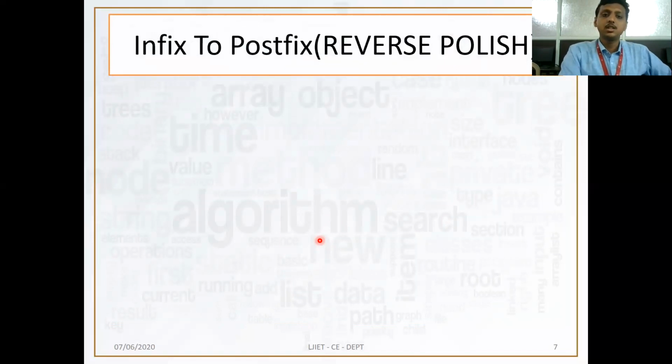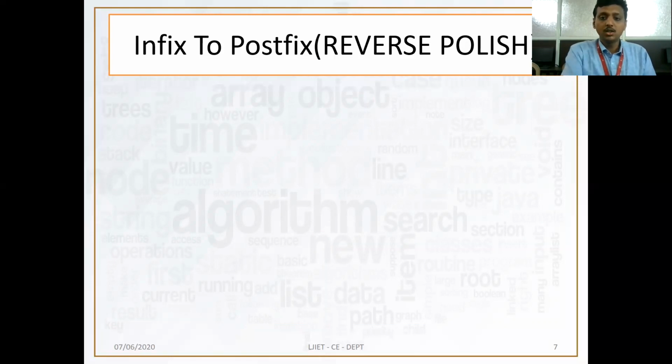The first one is infix to postfix. This is also known as reverse polish. Students, remember that a postfix expression is known as reverse polish. Please note down in your notebook that postfix is equal to reverse polish. In an exam, to create confusion, they may ask you to convert an infix expression into reverse polish.